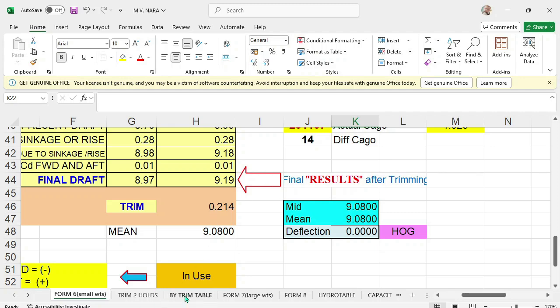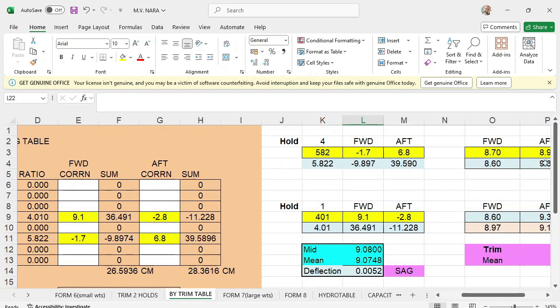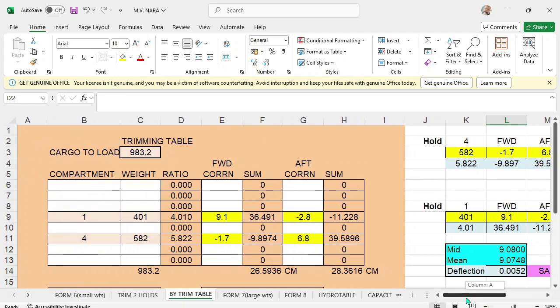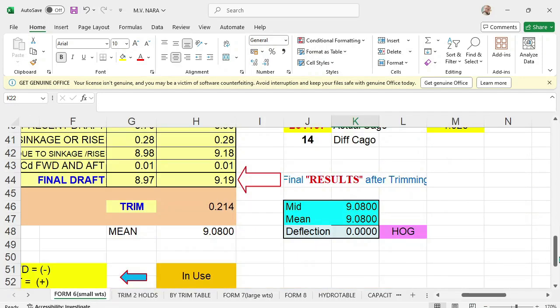Then you go to your trim table. Take note that the remaining cargo to load is 983.3.